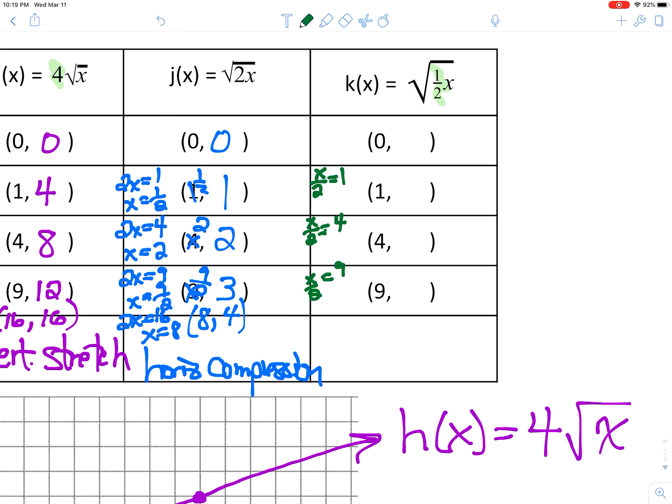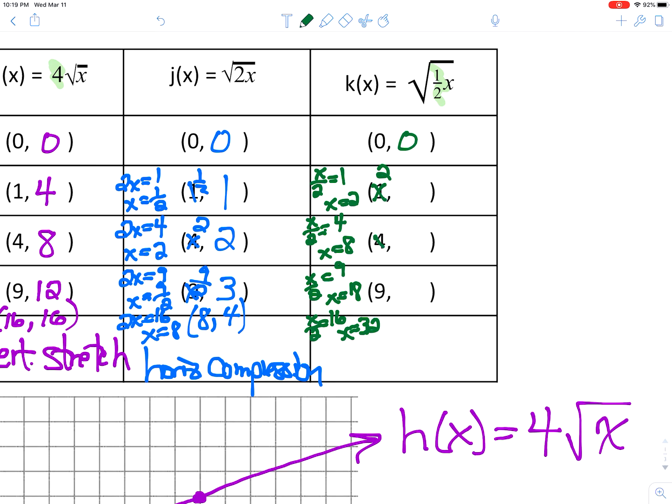X over 2 should be equal to 9. And x over 2 should be equal to 16. That means x is going to have to be equal to 2. So I'm going to change that to 2. X needs to be equal to 8. X needs to be equal to 18. And x would have to be 32.